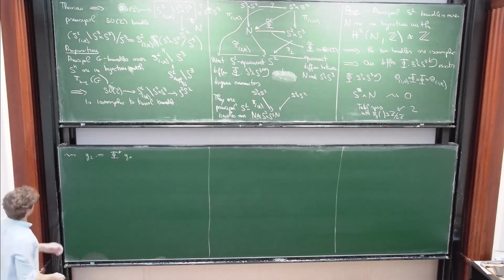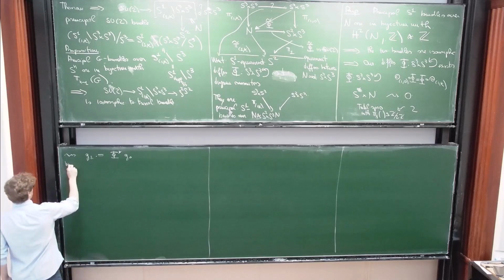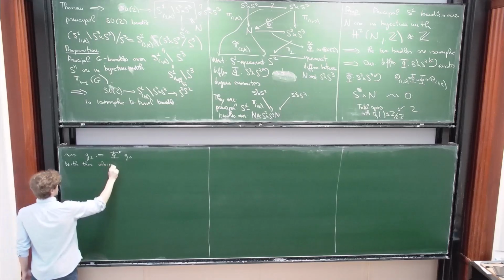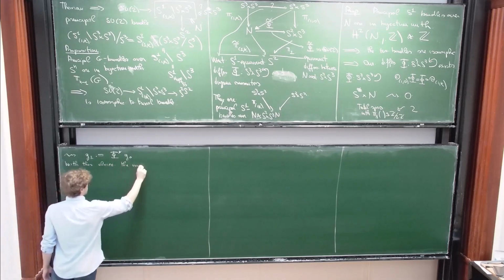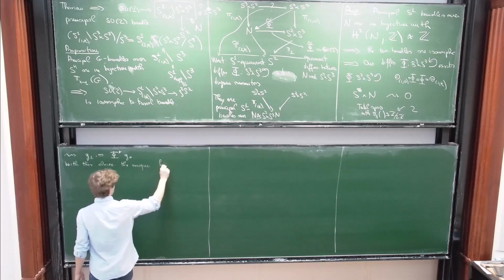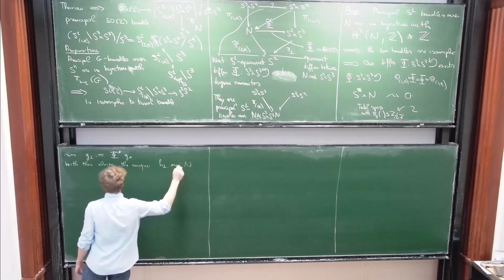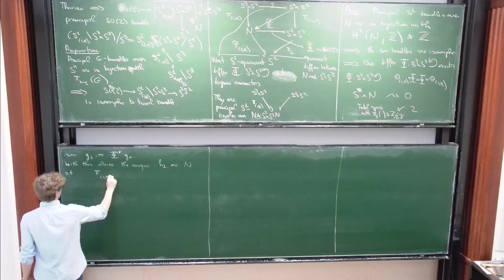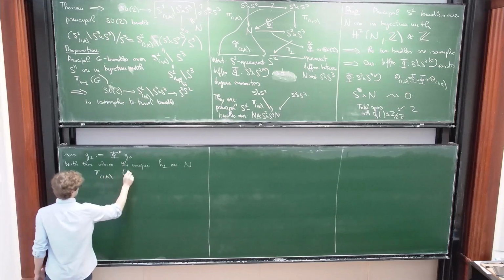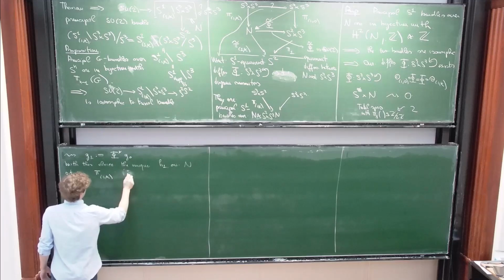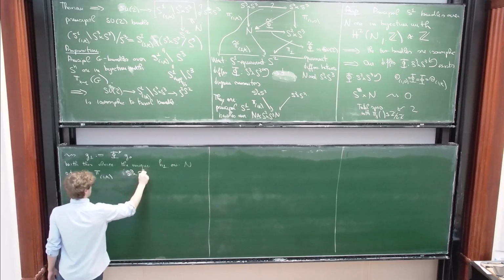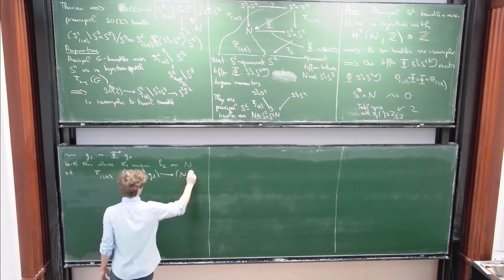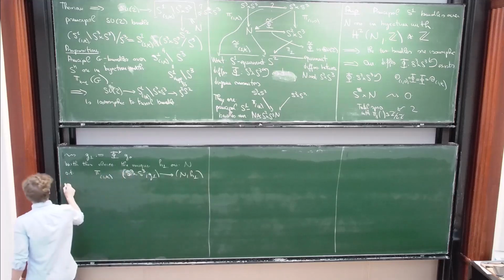Note that with this choice, the unique H1 on N such that the map from S3 times S3 with G1 to N with H1 is the Riemannian submersion.